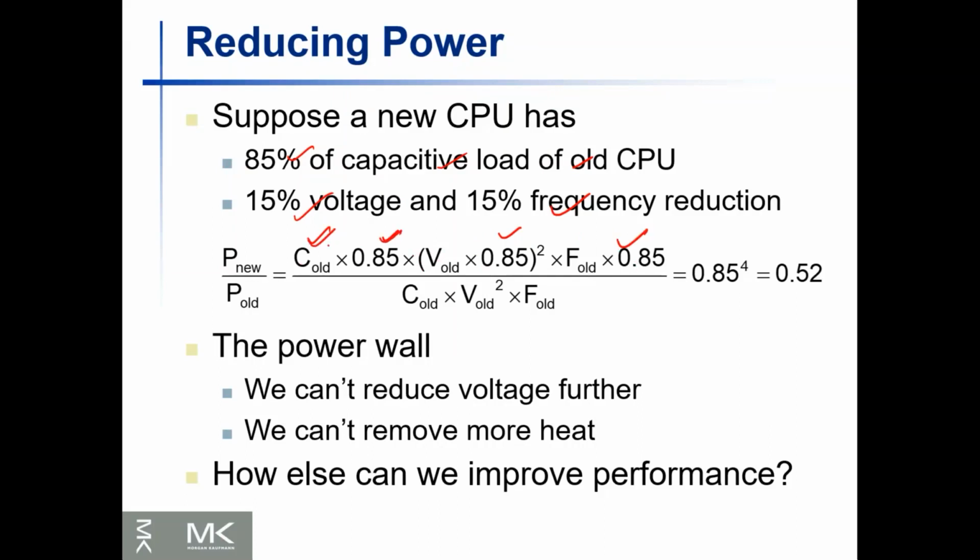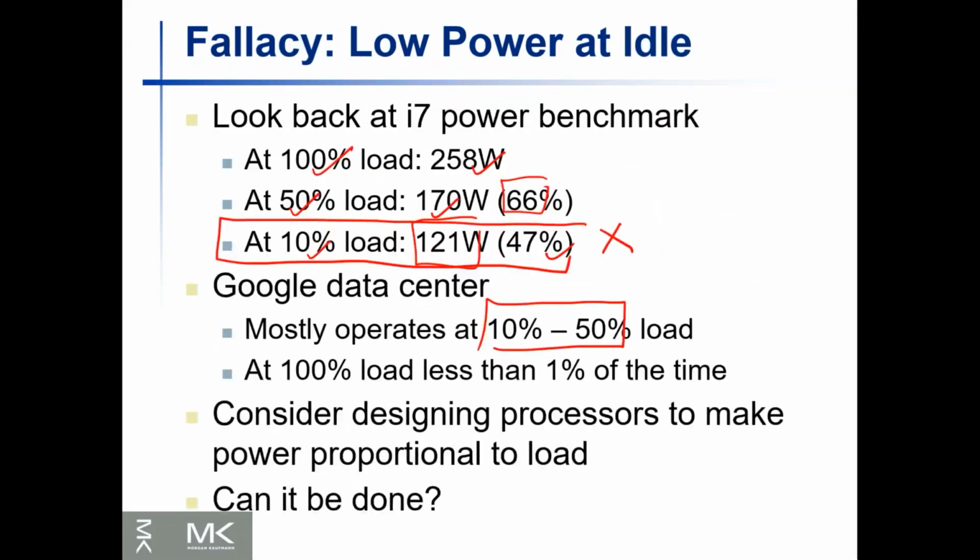Divide by the old, and you will get about 0.5, a 50% power reduction by just manipulating the voltage and frequency. Simple mathematics, just for understanding.